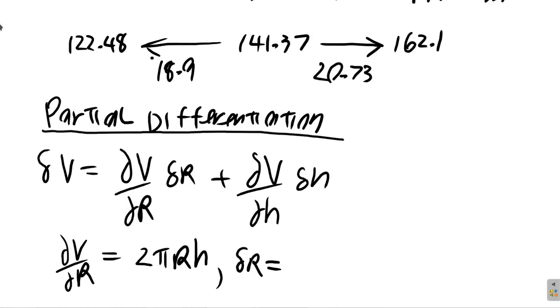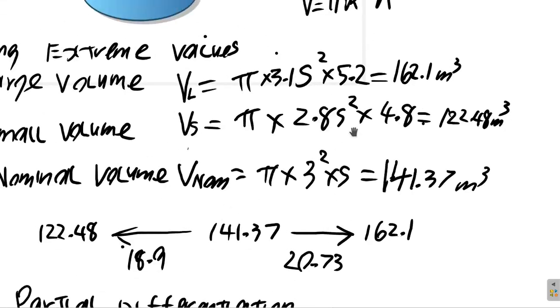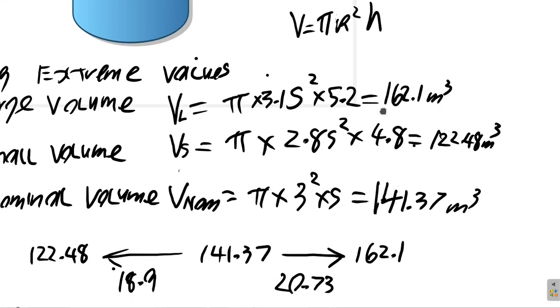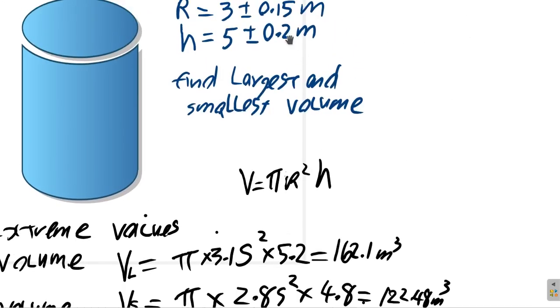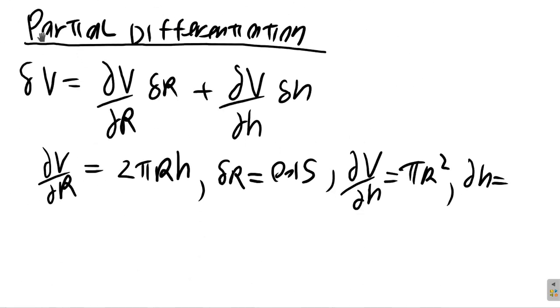Differentiating with respect to h, you get pi r squared, and delta h is 0.2.